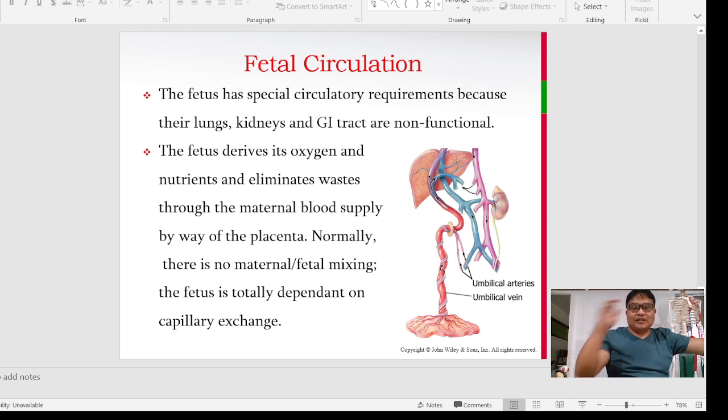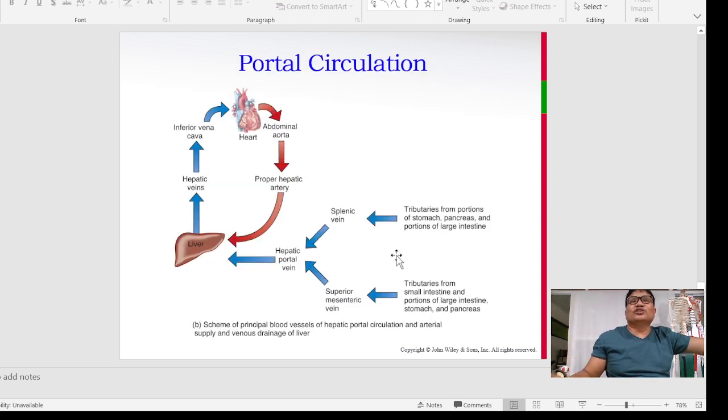Then you have your portal circulation also. Okay? So tanan nga blood supposedly gikan sa imong mesenteric artery, instead niya diretso na siya unta paingon dito sa veins, no? I-drain na siya dito sa veins, then balik sa inferior vena cava paingon sa heart.